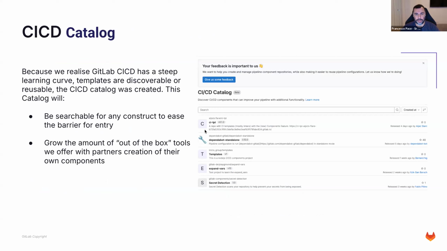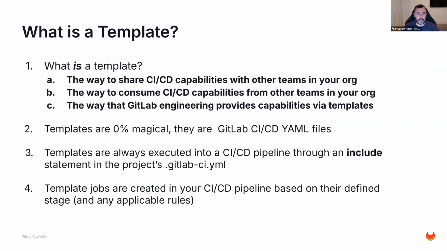So, as I mentioned before, there's a kind of marketplace. We call it the CI/CD catalog, in which you can look for any components already done, and it's really easy to include them in the pipeline. I will show you in a couple of minutes.